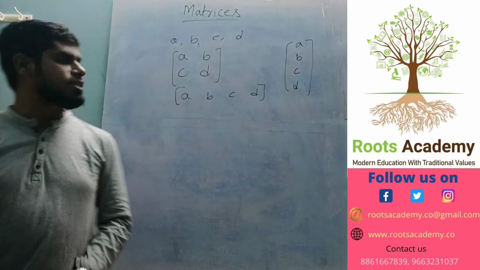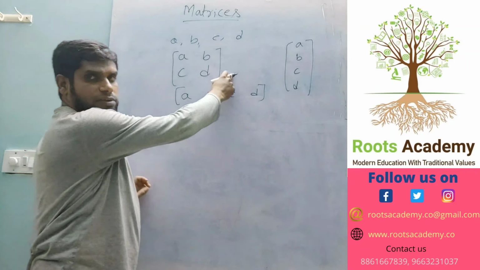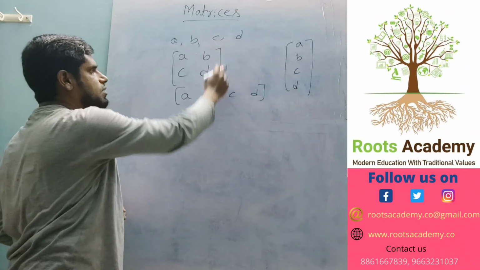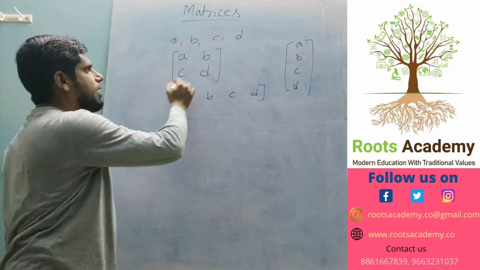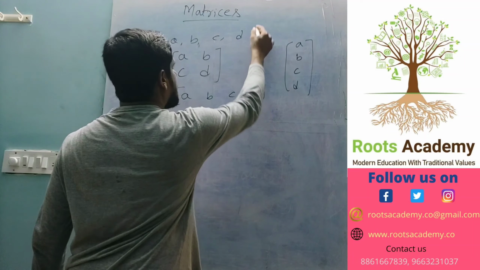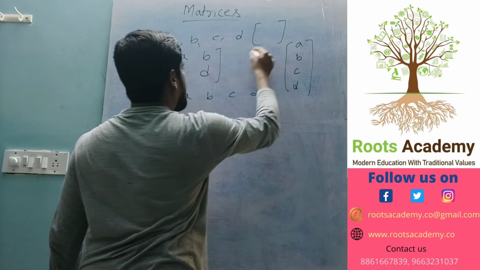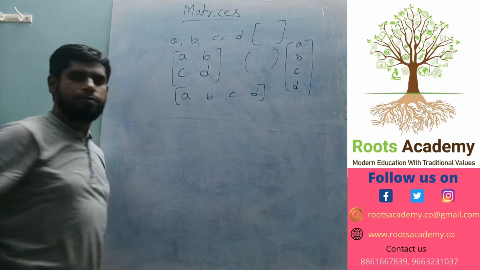So students, here we can see that the elements of the matrix we write always between brackets, closed or open. We will use either this kind of brackets or this kind of brackets.